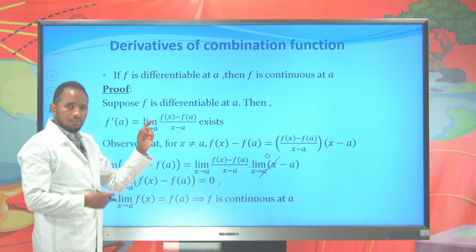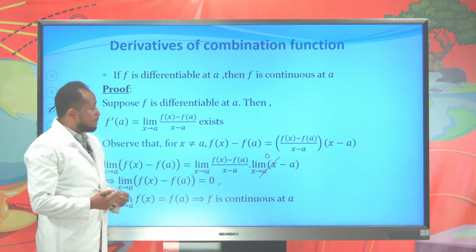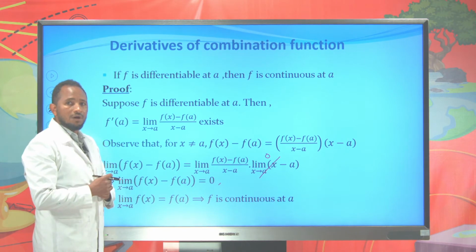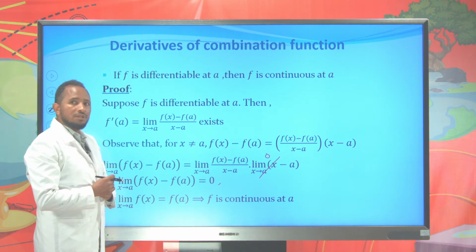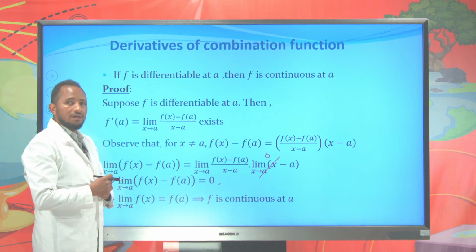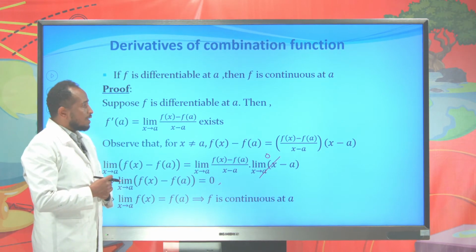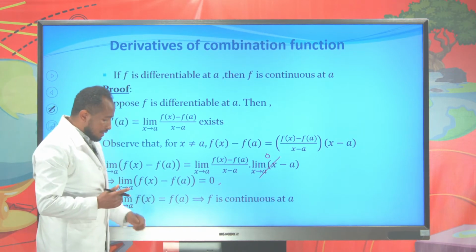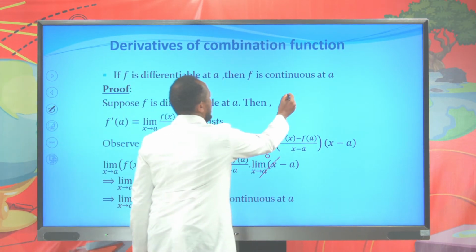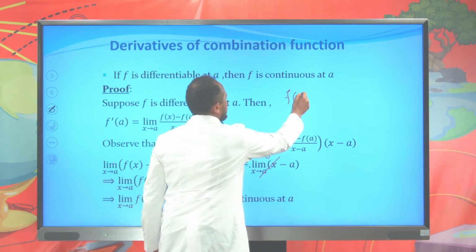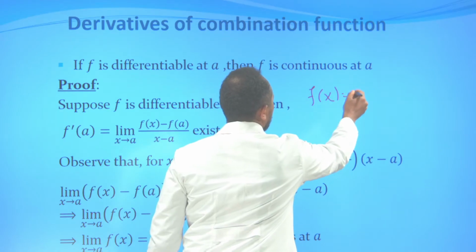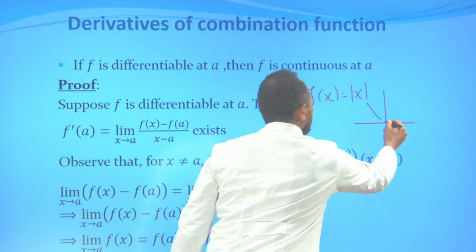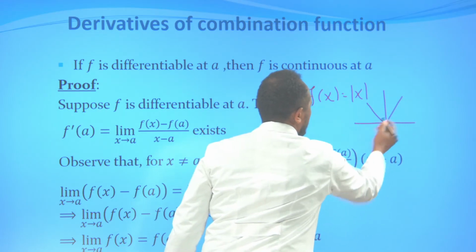Differentiability implies continuity. But the converse is not true. Continuity does not imply differentiability. I can show you this through an example. If you take a function f of x equal to the absolute value of x, the graph of this function is like this.